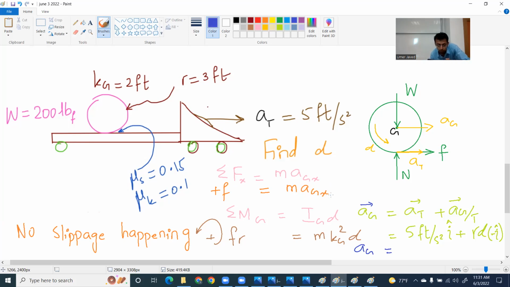So I will put instead of this a_G x, I will put 5 minus r alpha. And that will be my first equation. And then I have summation of moment about G is equal to I_G alpha. That is my second equation.